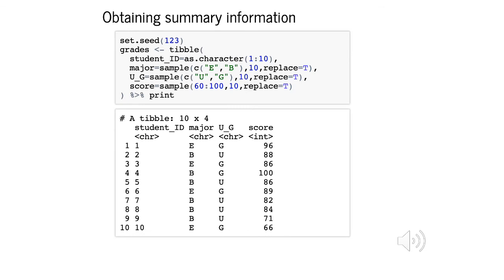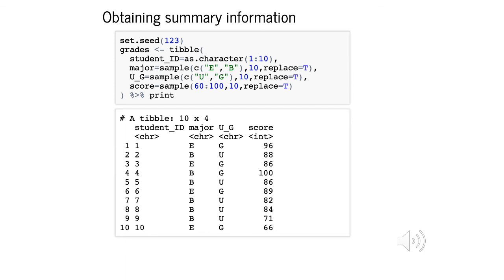The last key part of wrangling that we'd like to introduce in this presentation is about obtaining summary information from data frames, and in particular, the idea that we can group rows of data together and perform functions on them which would allow us to inspect, for example, average quantities.